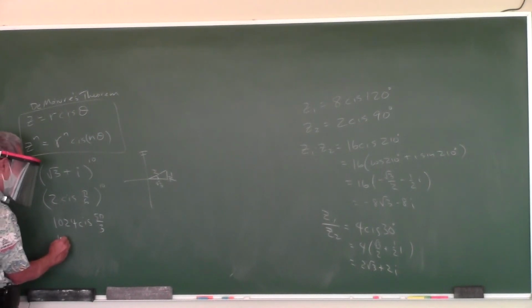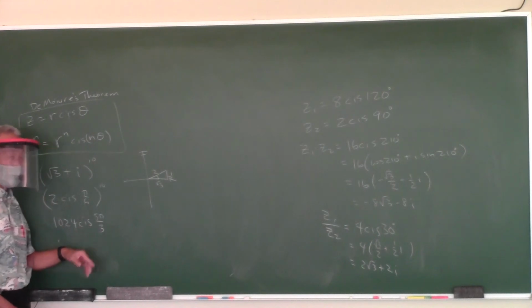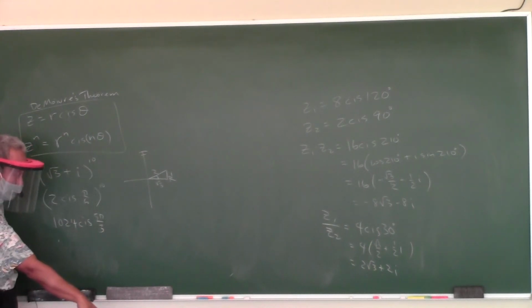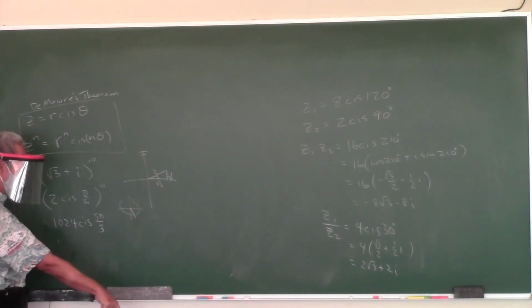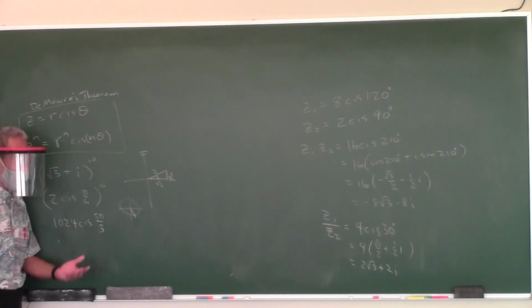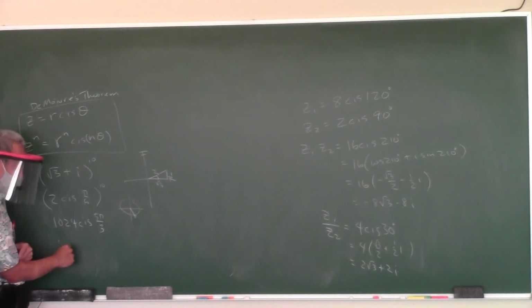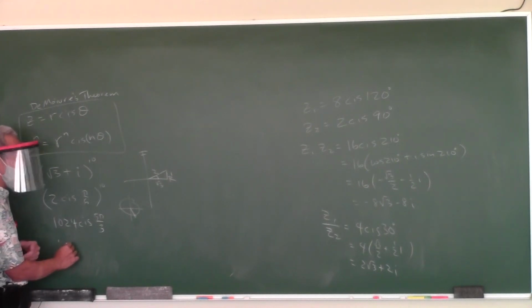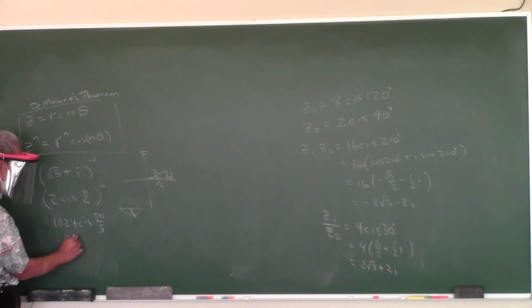Okay, now on the test, you're going to have to change it back into a plus bi form, but I already taught you how over there. So what you got to do is, okay, let's see if we can just do it in our head. What is the cosine of 5 pi over 3? 5 pi over 3 is over here, people. What is the x coordinate of that point? 1/2. What's 1/2 times 1024? 512.